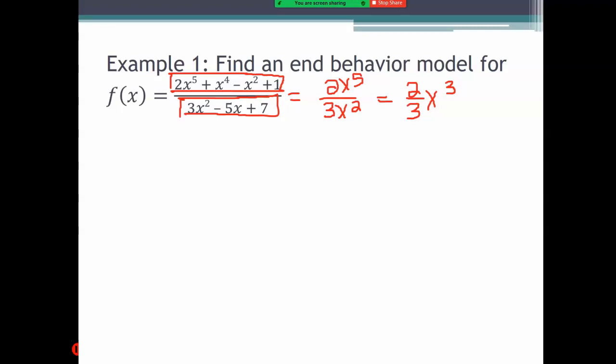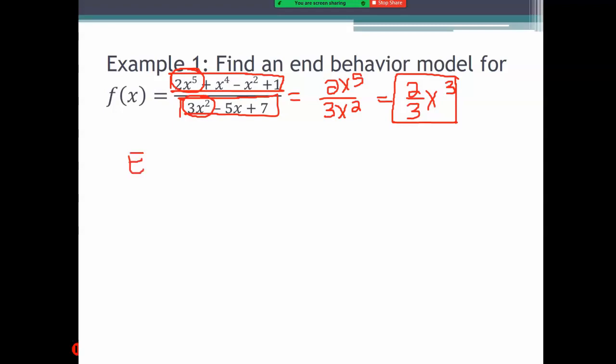However, if you simplify them and you take the highest of the top and the highest of the bottom, they behave like 2/3 x cubed, which would be exactly odd.